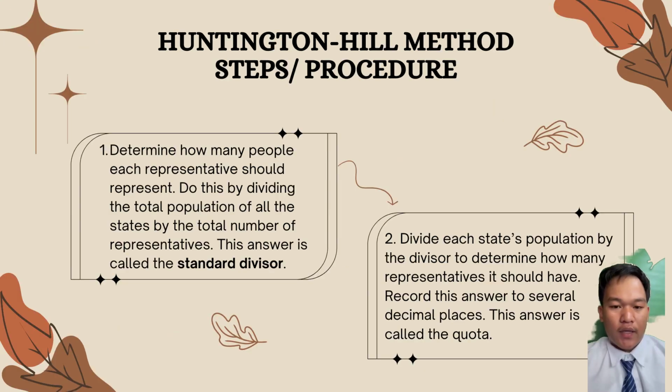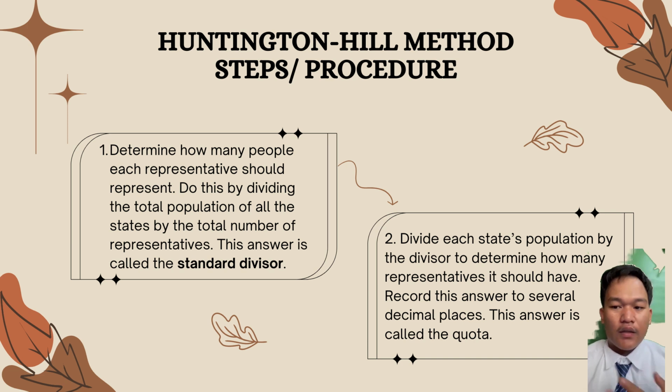Step 1. Determine how many people each representative should represent. Do this by dividing the total population of all the states by the total number of representatives. This answer is called the standard divisor. Step 2. Divide each state's population by the divisor to determine how many representatives it should have.